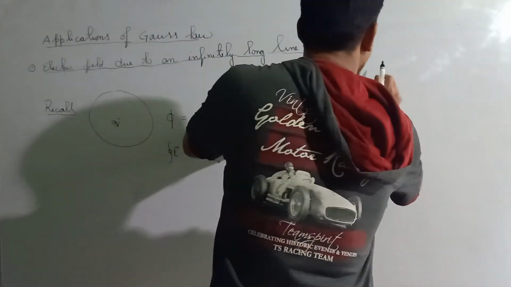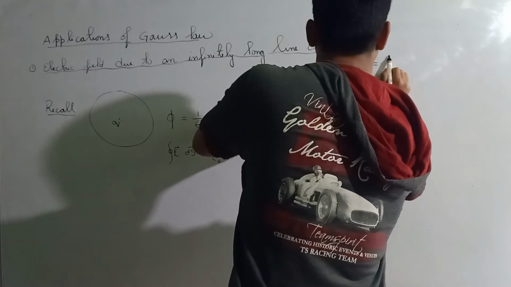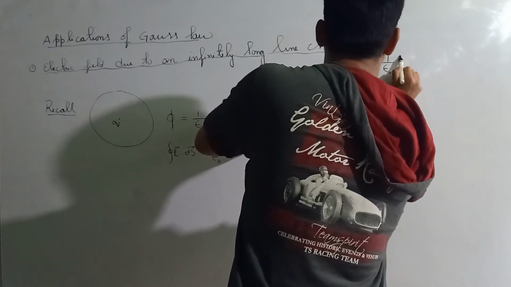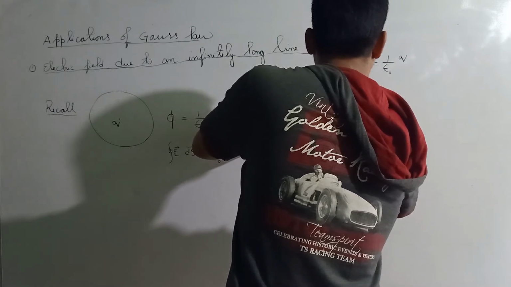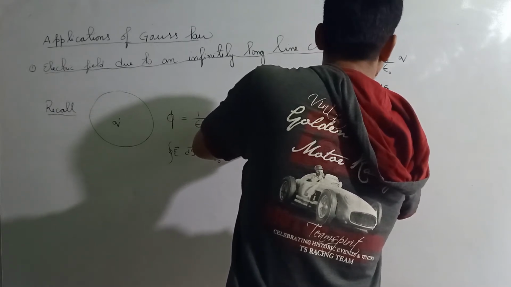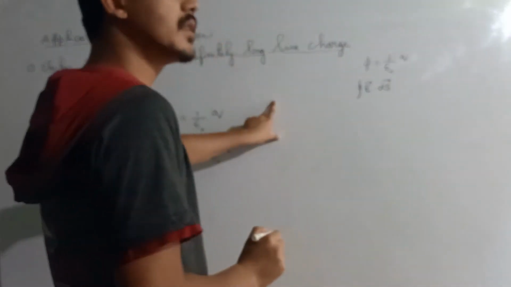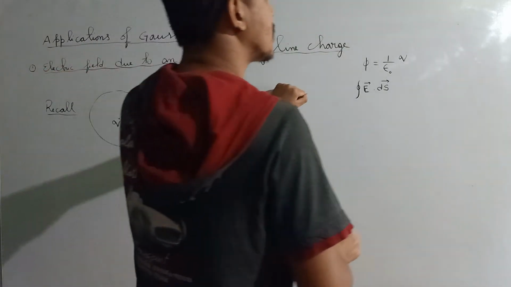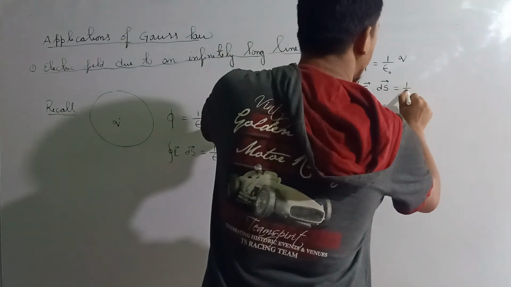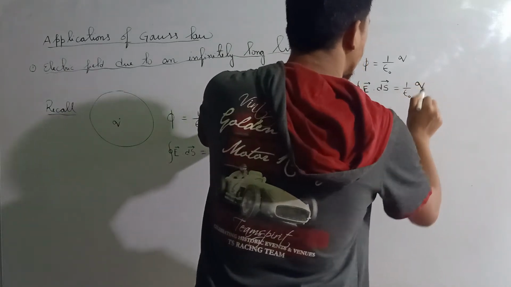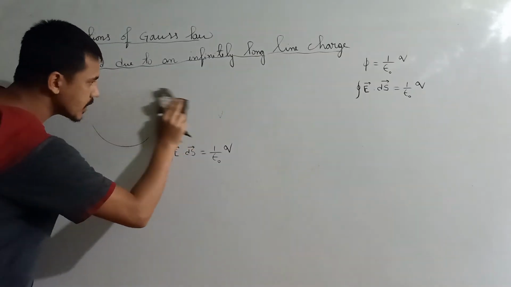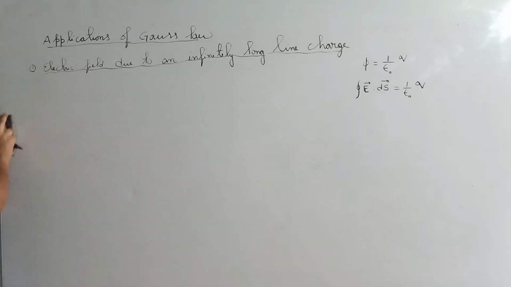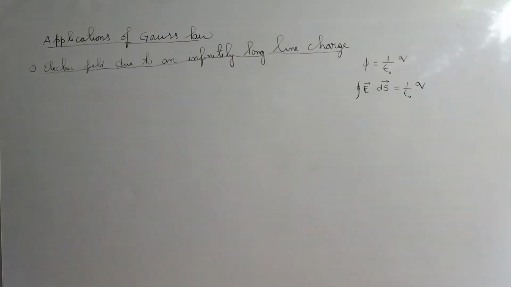Let us keep in mind that phi is equal to 1 by epsilon naught times Q, and the integration of E dot ds over the entire closed surface is 1 by epsilon naught times Q. Is it okay with you? This is just recalling, okay? So using Gauss law, I'm going to derive the electric field due to an infinitely long line charge.